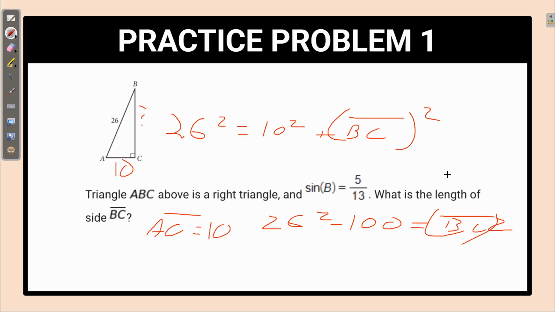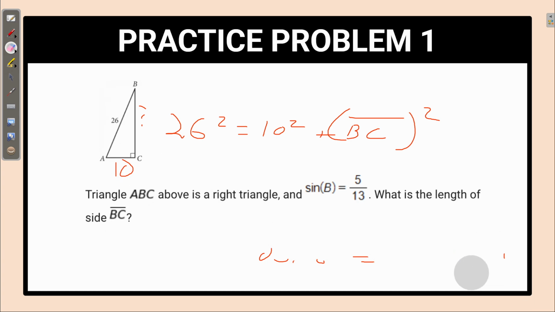And what does that result in? 26 times 26 minus 100, we get 576. The square root of 576 equals BC. What is the square root of 576? It is 24. So the length of side BC is going to be 24 for this question.